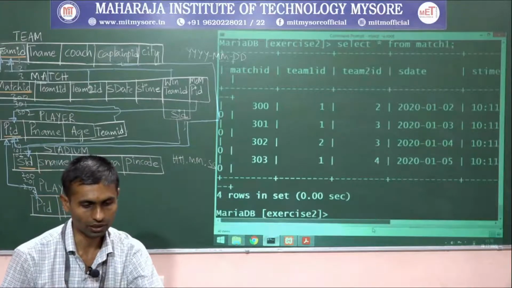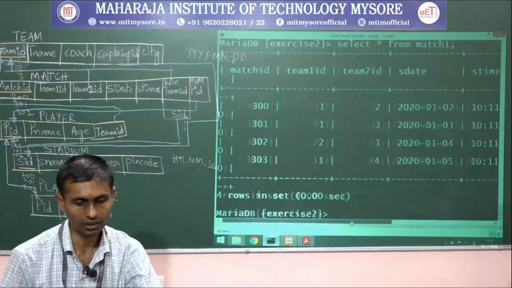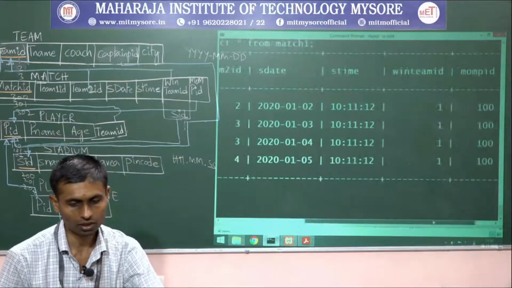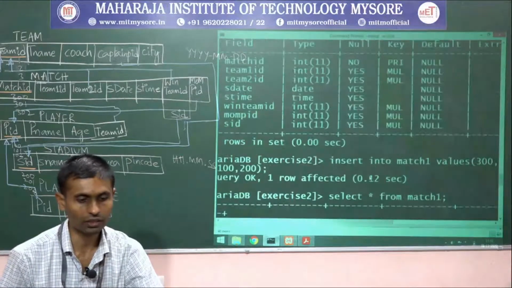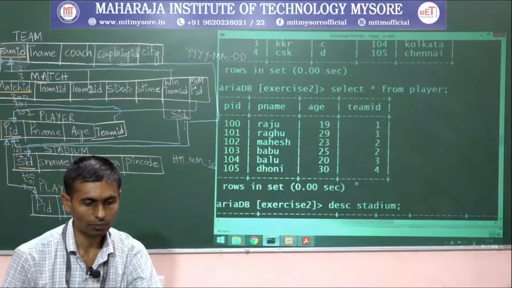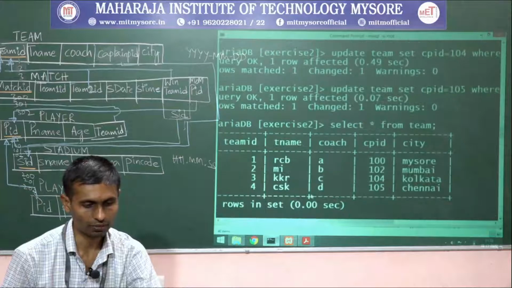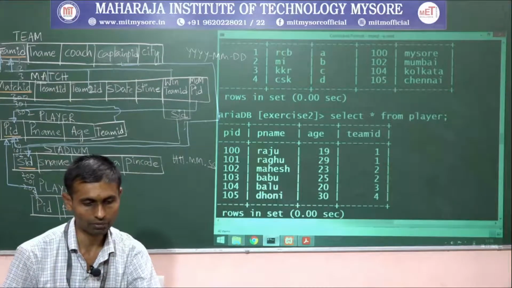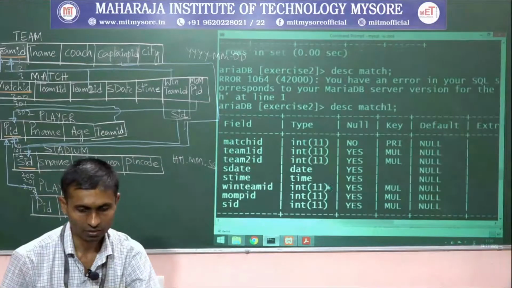So let me go with updating the third tuple and I'll make it team 2 won the match. And the man of the match award, I want to give not to a team 1 player. It should be a player who belongs to the second team. Let me call my name, some 102, Mahesh.